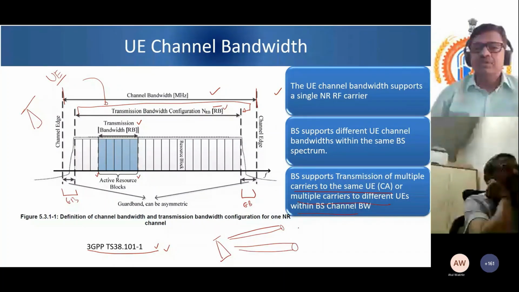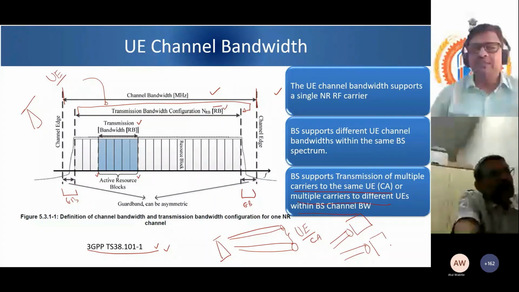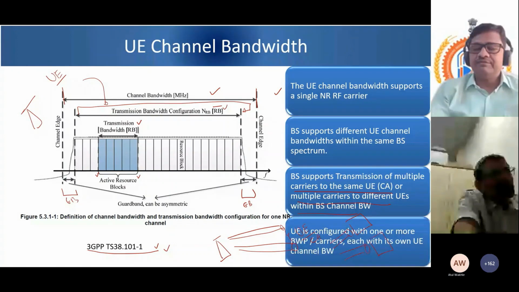If one UE is receiving both signals and has carrier aggregation capability, it can consume both. Or some set of UEs may receive one kind of carrier and some set may receive the other. Finally, a UE is configured with one or more bandwidth parts of the carrier, each with its own channel bandwidth.